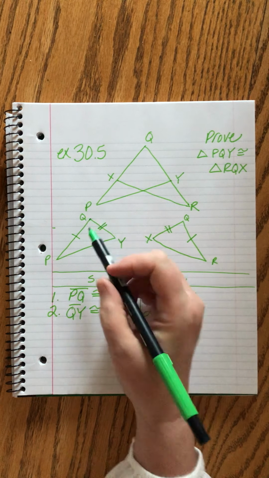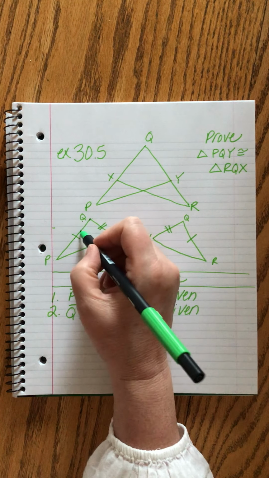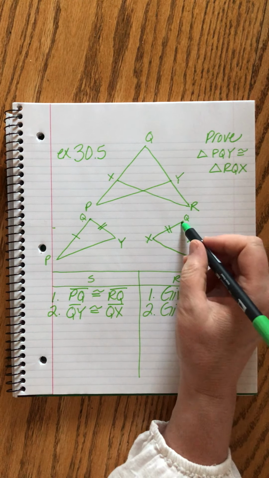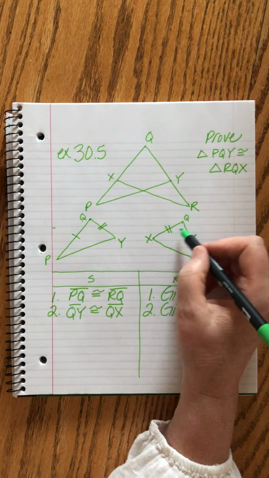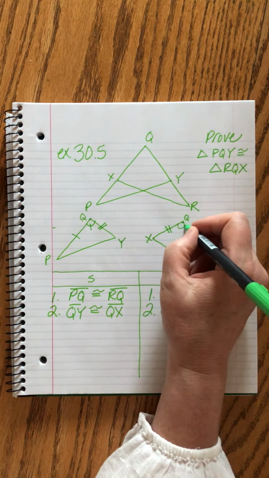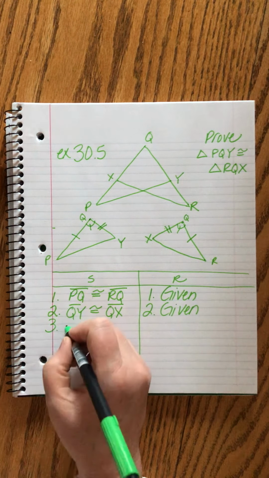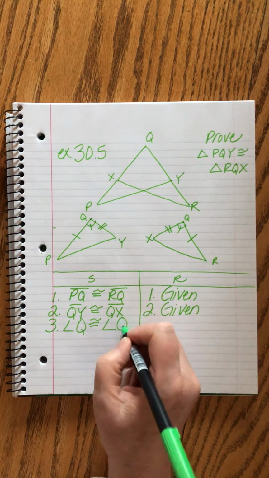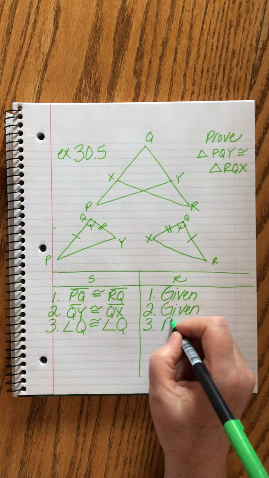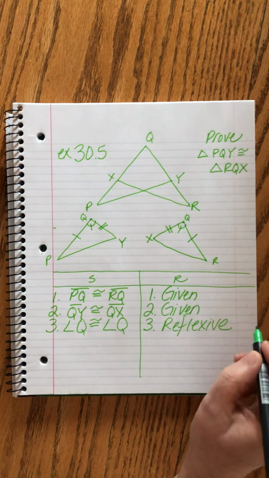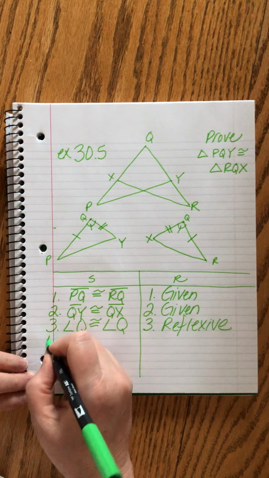Side, angle, side. Q is the angle in between them. Oh, but look. And this one, right between the two sides, Q is also the same angle. So we can mark that the same, and we can write, once again, angle Q is congruent to angle Q because reflexive, it's the same thing. And so now we're good.